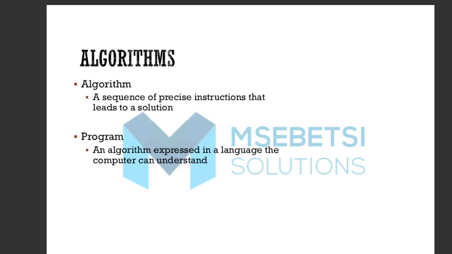So that's an algorithm. A program is an algorithm expressed in a language the computer can understand. That's a program. You'll just see it as a program coming up, but it's algorithms inside. And what are algorithms? You'll answer that.